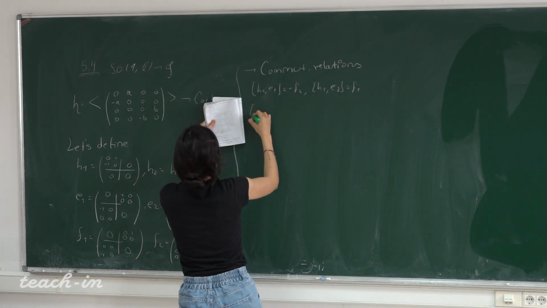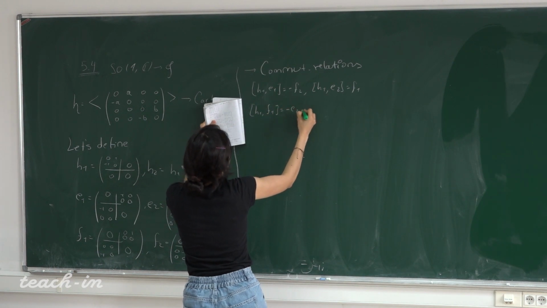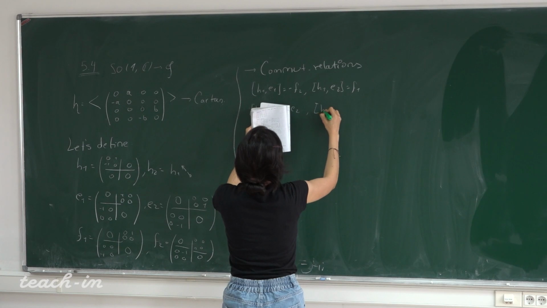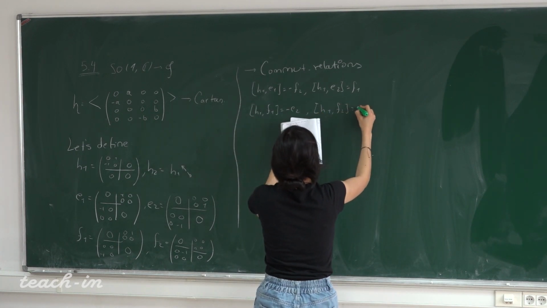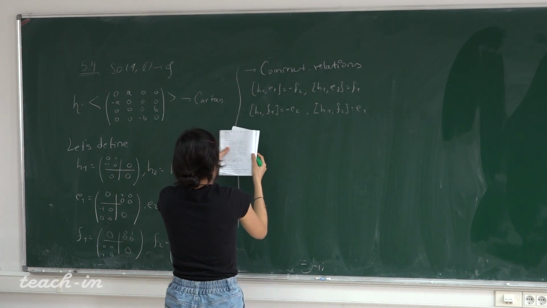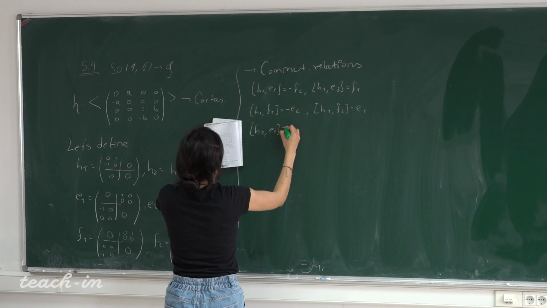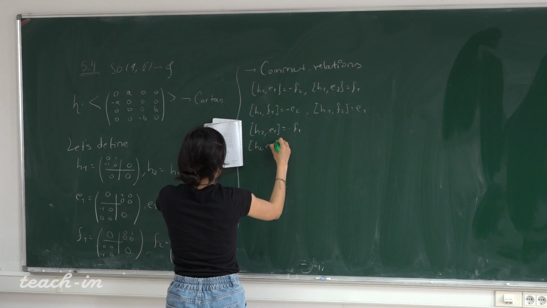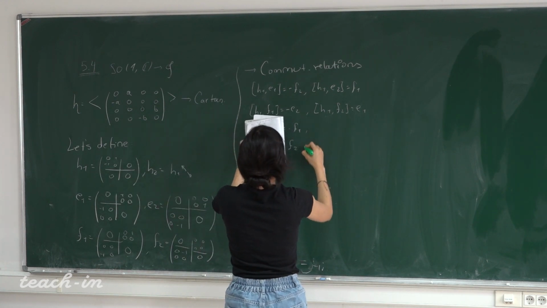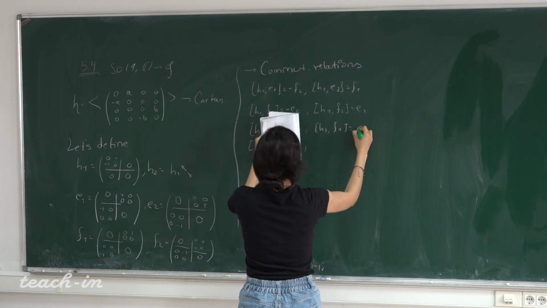No, it's just some natural basis for SO4 over C. I will write just the relations and then explain what I did. I computed this in Mathematica, so I got these relations.